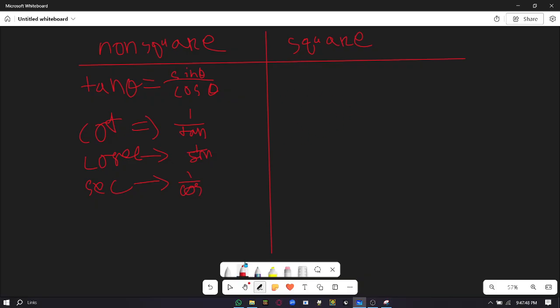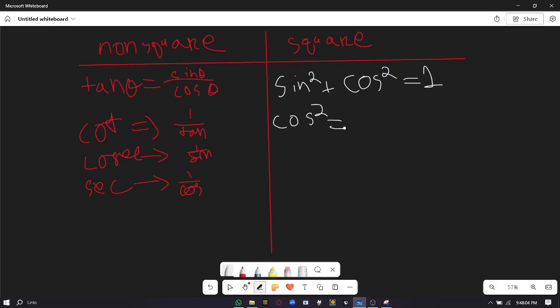On the square side, we have a few special ones. The first one is sine square plus cosine square equals 1. So you can define cosine square as 1 minus sine square, and you can define sine square as 1 minus cosine square.